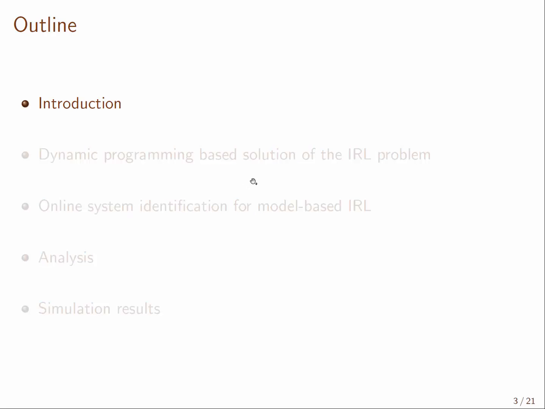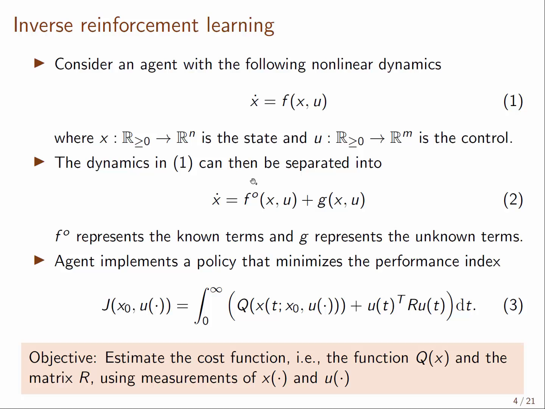The problem is formulated as follows. We have an agent with some nonlinear dynamics x dot equals f of x, u. The dynamics we're assuming can be separated into a known nominal part f naught and an uncertain part g.